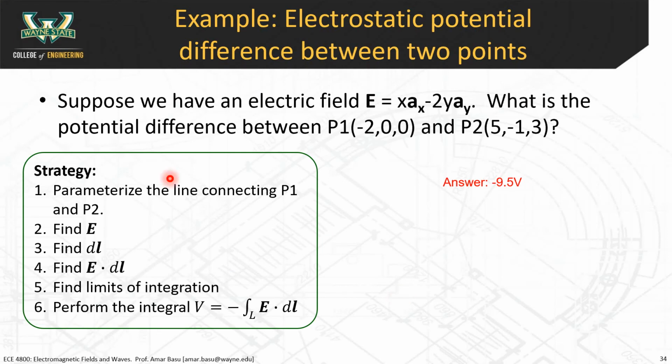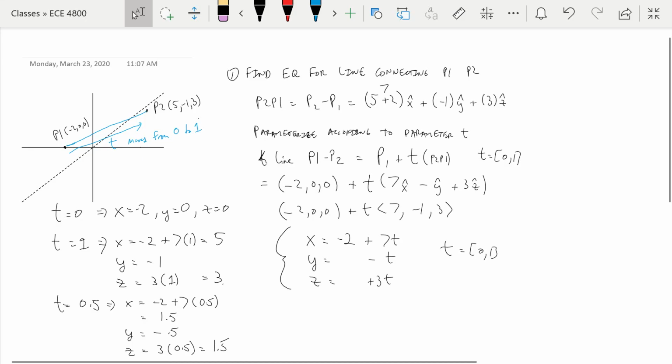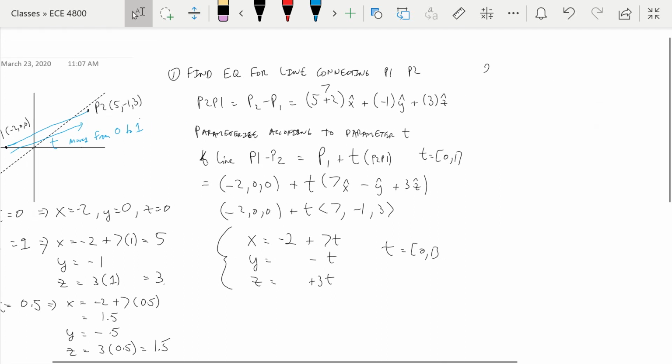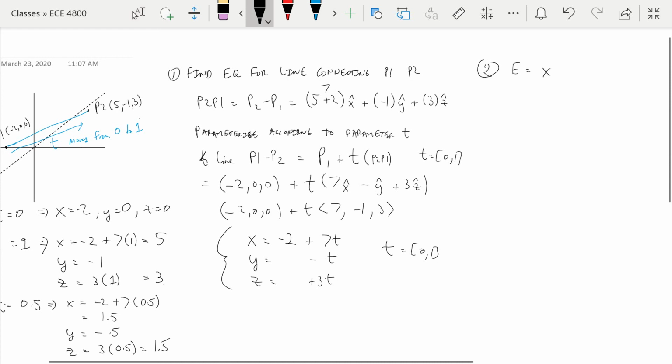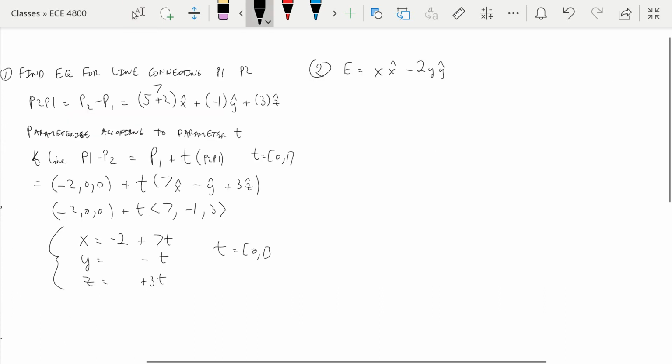Finding the electric field, dl, and E dot dl. The electric field is equal to x hat minus 2y y hat. Now dl: we always have to think about what coordinate system we're in.